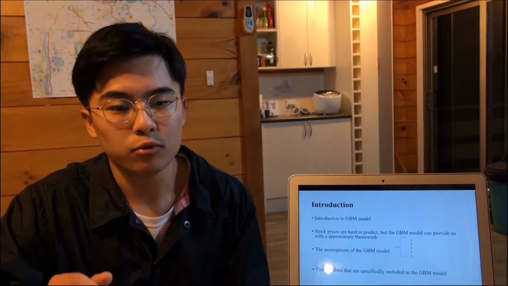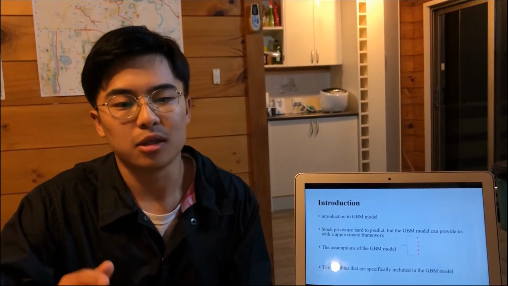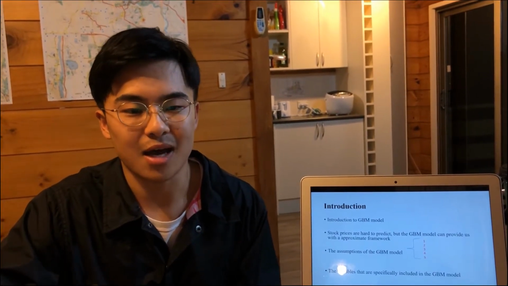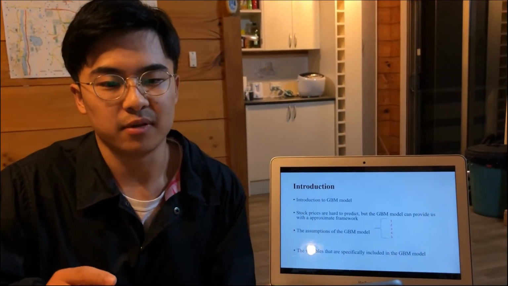In the Black-Scholes model, what is known to all is that the stock price is hard to predict, but the GBM model can provide us with a general framework. The GBM model has 5 assumptions. 1, they are continuous in time and value. 2, current stock price is irrelevant for predicting future price.